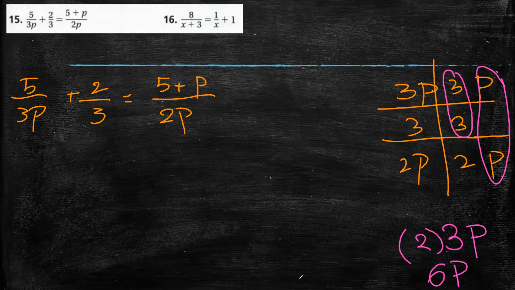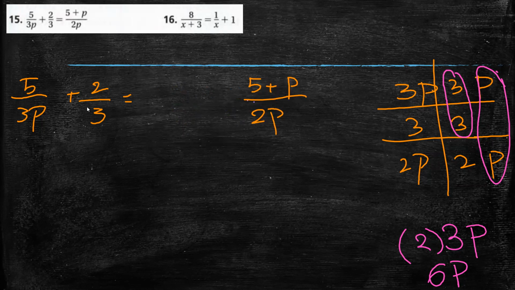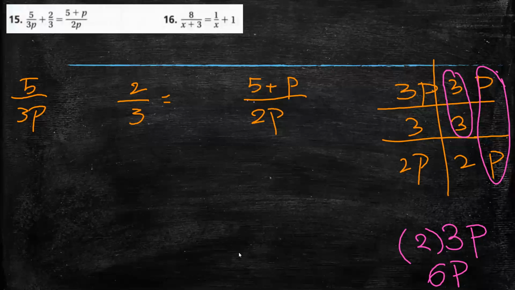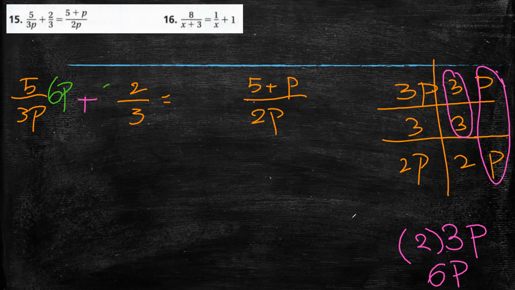Now take the 6p and multiply each term by 6p.